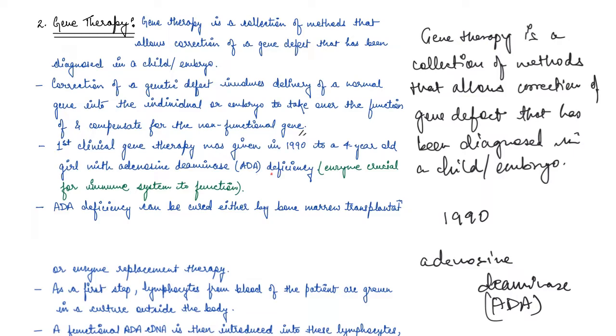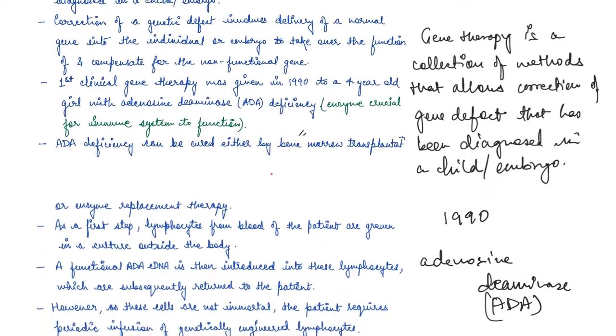Such gene therapy has evolved from recombinant DNA technology, from biotechnology, and is helping many patients with hereditary disorders to be cured permanently, which is not possible with any other method. So this is all about gene therapy.